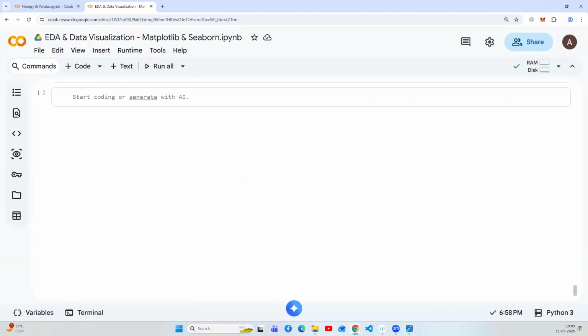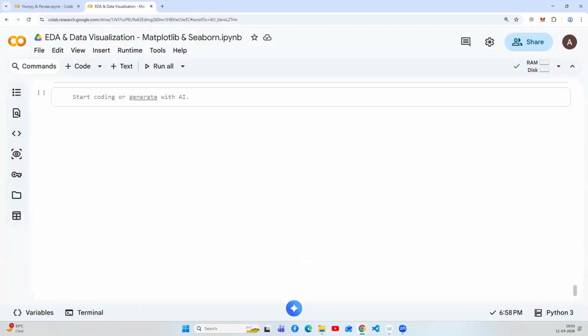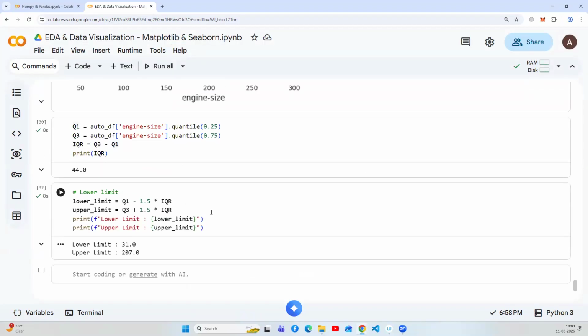Now we will start with our first algorithm. By the way, you all know what all statistical terms are there, right? Standard deviation and all. Hopefully, you know the meaning of standard deviation, mean, median, and mode. All these things.